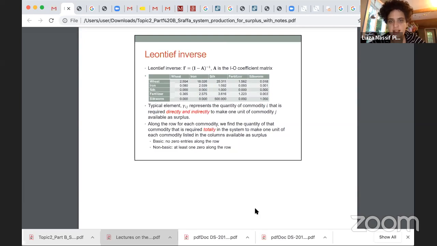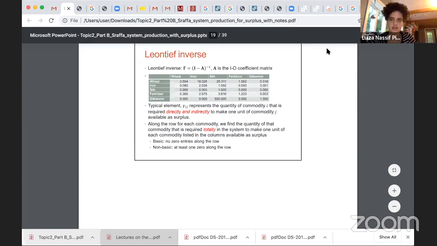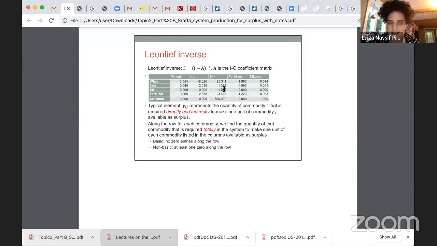So the Leontief inverse, when you look at the table here for his example, you see, for example, silk has all zeros and 1 here. This means that silk is not being used in the production of anything. So the only increase you have in silk, when you have an increase in silk, is the increase in silk itself.